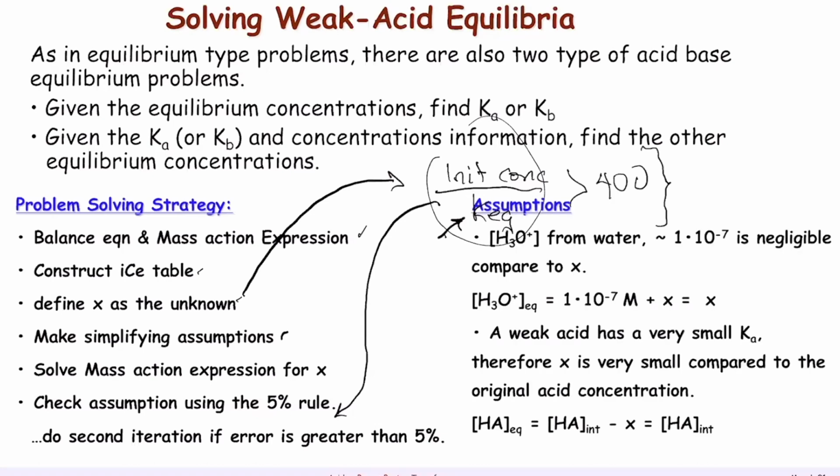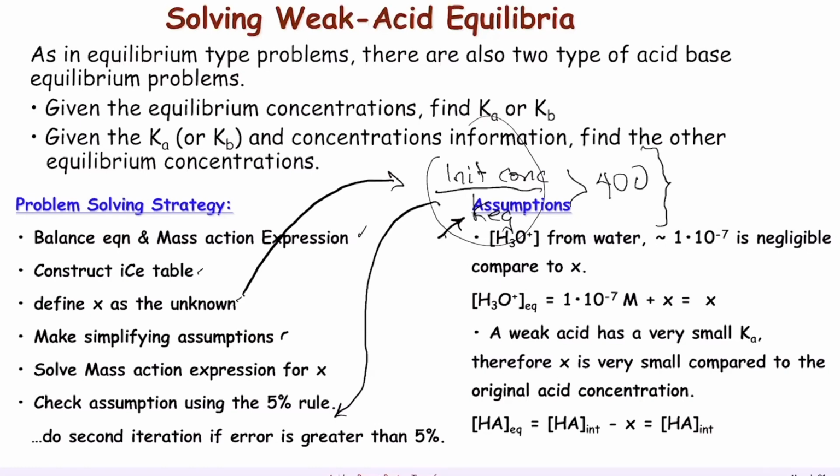Okay. The other thing that you have to remember is that in acid-base chemistry, you always have water. And water will always auto-ionize to the tune of the hydronium ion concentration is always 1 × 10⁻⁷ in pure water at 25 degrees. So that's an initial concentration you have to think about, but not worry about in most cases.